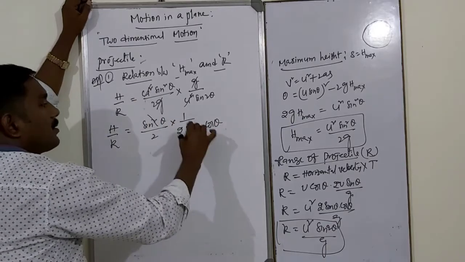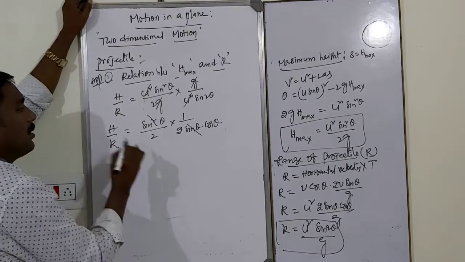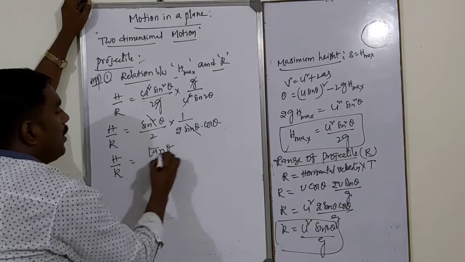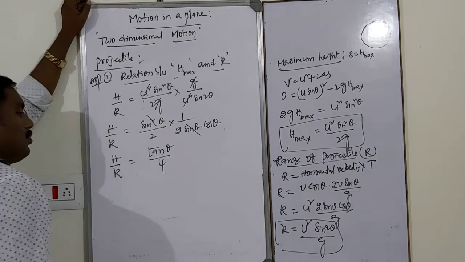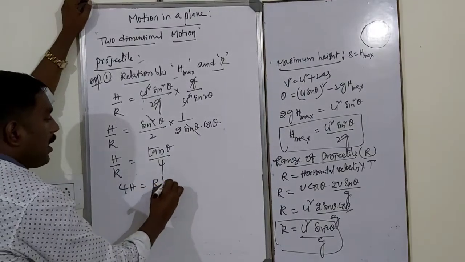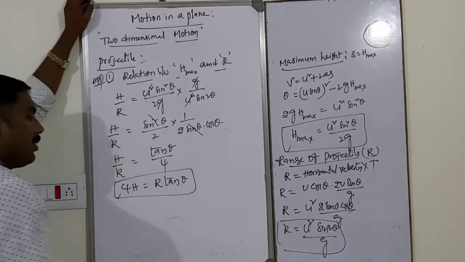Sin will be cancelled out. So H by R is equal to sin theta by cos theta, which is nothing but tan theta by 4. So 4H is equal to R tan theta.